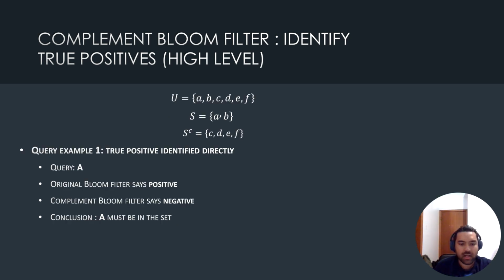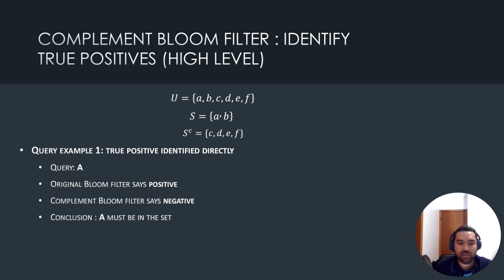Now let's look at how the complement Bloom filter identifies true positives in a high-level example. Suppose you have a universe A to F, and A and B are in your set, and the set complement would be everything except A and B. Now, if you want to query A, the original Bloom filter would return positive because A is in the set, and the complement Bloom filter would return negative.